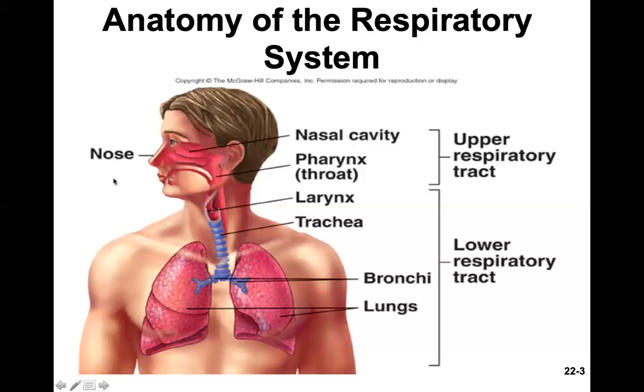After your nasal cavity, you have your throat, also known as the pharynx. This is how your mouth and your nose are connected through your throat back here. This is why you can drink something and have it come out of your nose, because you have that connection at that location. After your throat or pharynx, you have your larynx, which is the beginning to your windpipe.